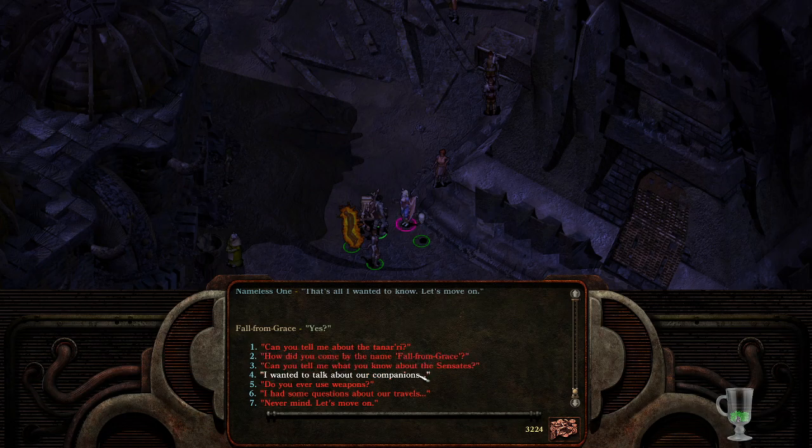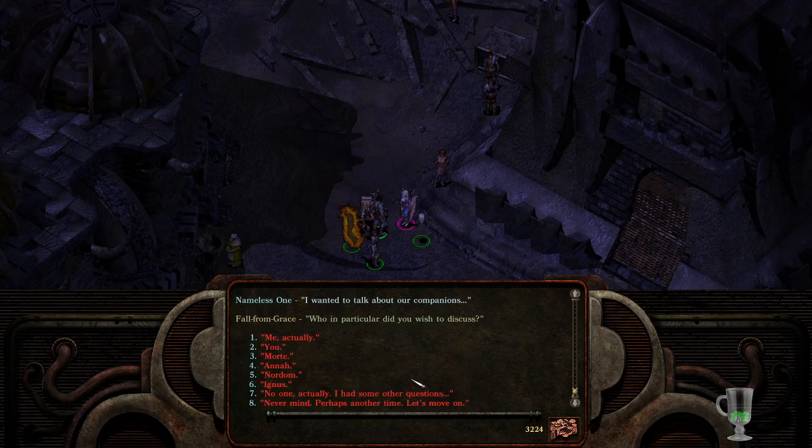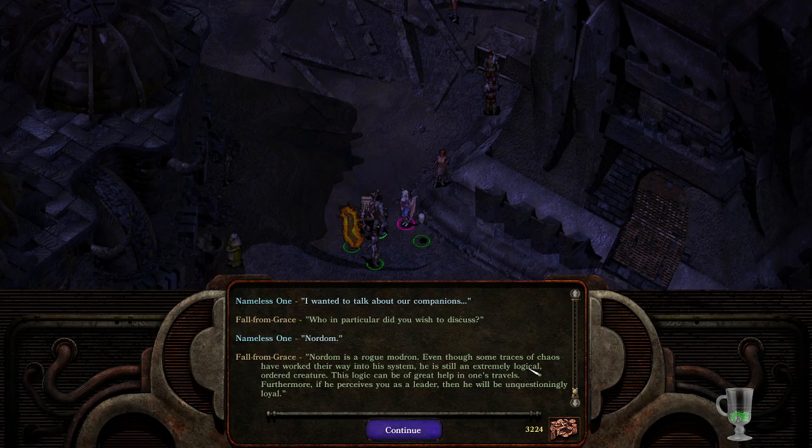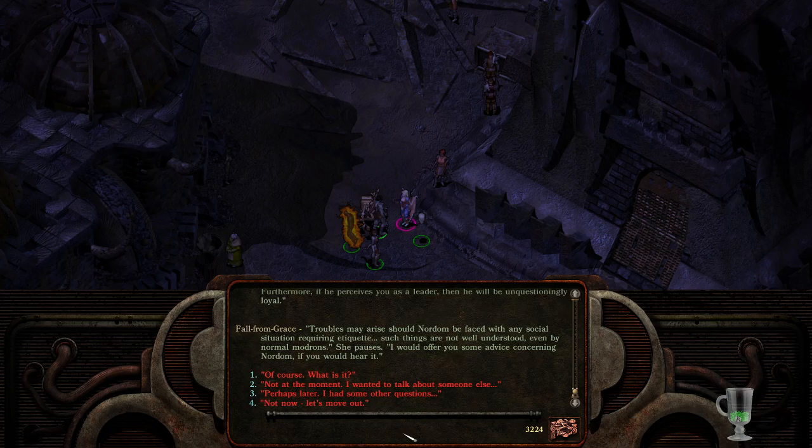I wanted to talk about our companions. Nordom. Nordom is a rogue Modron. Even though some traces of chaos have worked their way into his system, he's still an extremely logical, ordered creature. This logic can be of great help in one's travels. Furthermore, if he perceives you as a leader, then he will be unquestioningly loyal. Troubles may arise should Nordom be faced with any social situation requiring etiquette.